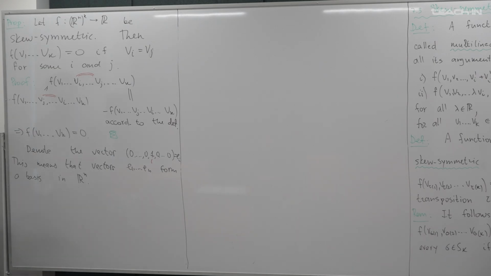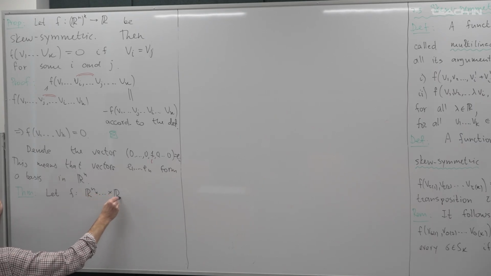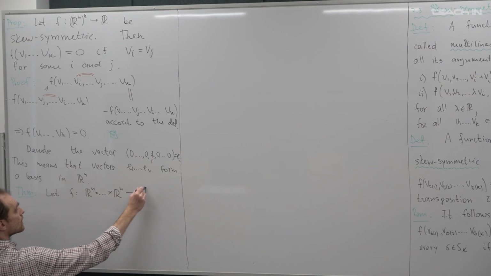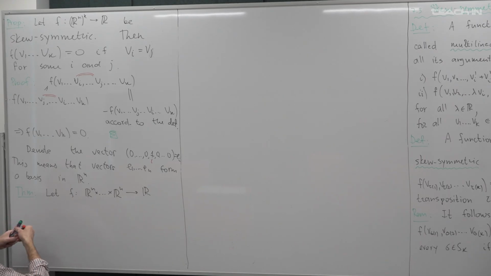So let f from the Cartesian product of n copies of the space Rn to R. So here both the dimension of the space and the number of copies are the same.